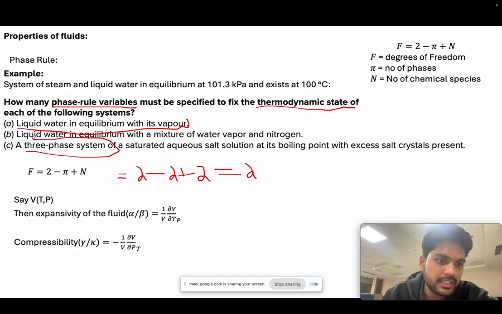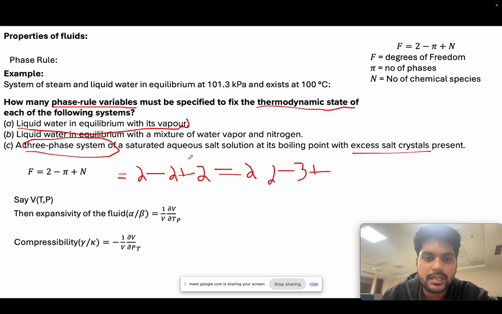He already mentioned it has three phases. So it will be 2 minus 3 plus, we have two components. If you see, there is a salt and there is a solution. So there is one aqueous solution and there is excess salt. So there are two different entities. So it will be 2, it will be 1. So the variance will be 1.